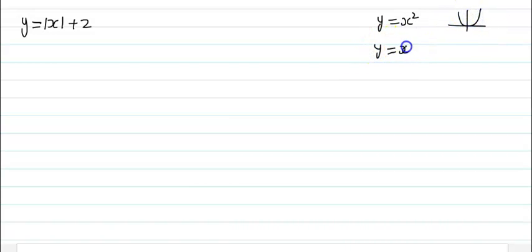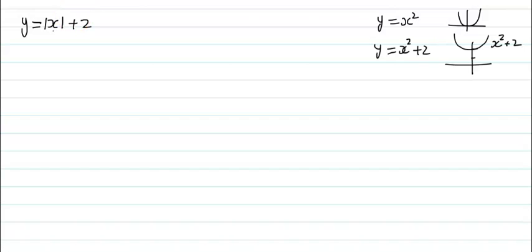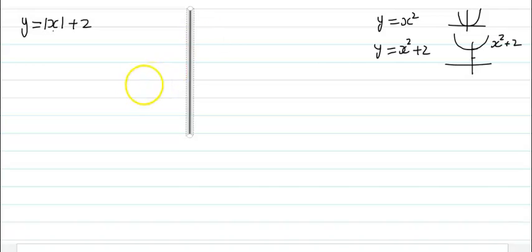Okay, the next question is y equal to modulus x plus 2. So again, let's go to GCSE. This is the graph of y equal to x square. When you are adding plus 2, it means this graph is moving 2 units up, and this is x square plus 2. So here, modulus x plus 2. What you need to do is draw the modulus x graph using a dotted line. So this is our modulus x graph.